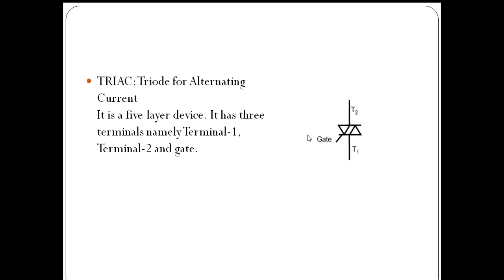It conducts in both forward bias and reverse bias, so it has more advantages compared to the SCR when operating with alternating current supplies. Note down the symbolic representation of the triac.